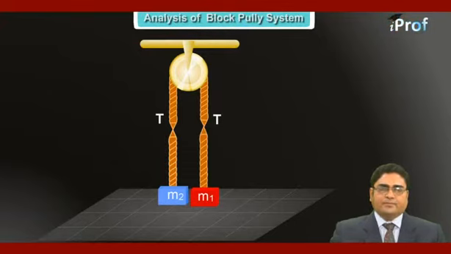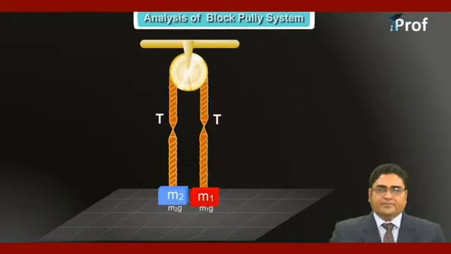The free body diagram for M2 is like this. M2G is acting in vertical downward direction and tension T is acting in upward direction. Similarly, for M1, M1G is acting in vertical downward direction and tension T is acting in vertical upward direction.